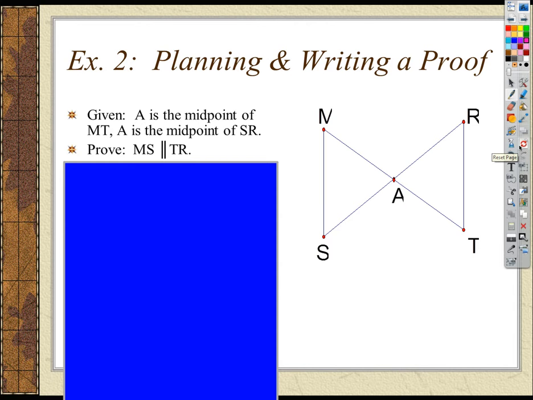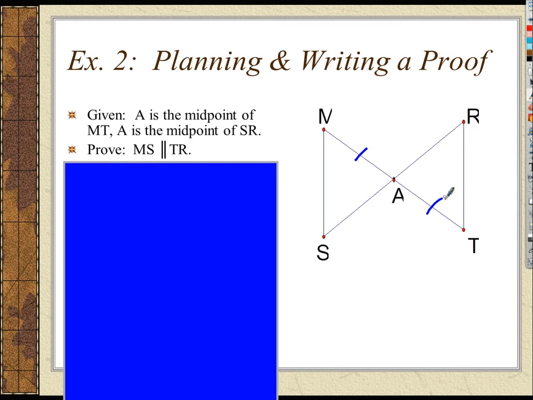So by the definition of midpoint, don't we know that, and don't we know that? These two angles right here, angle MAS and angle RAT, those angles are congruent because of vertical angles.